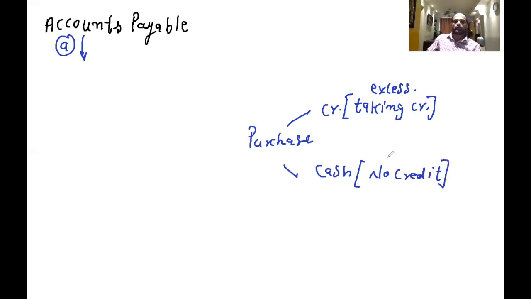All right. So that's what we're gonna do, right? Excess credit and no credit, not just a credit. I said excess credit, right? Or zero credit, 100% cash purchase, right?